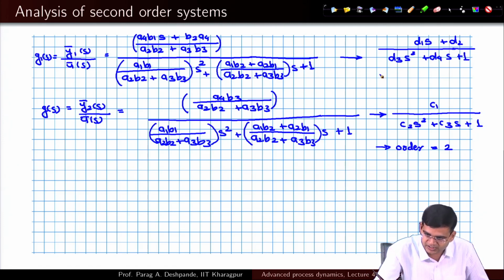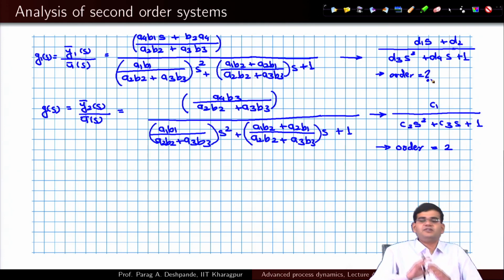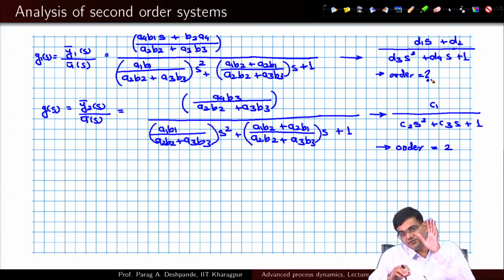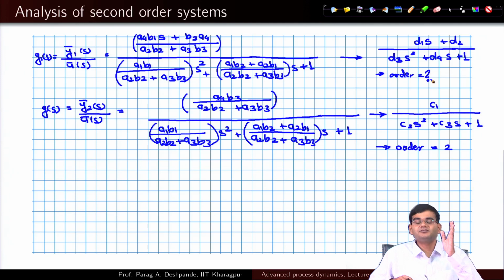So, first of all, the question which arises is what is the order? Because if I just see the denominator, I see the degree of the polynomial in the denominator, and from there itself you can see that tank 1, which used to be an independent unit in the previous case, and that is why the previous case is referred to as the non-interacting case, used to have order 1.